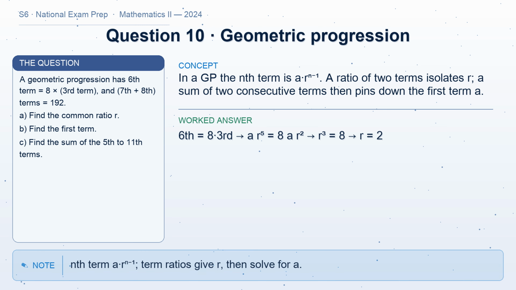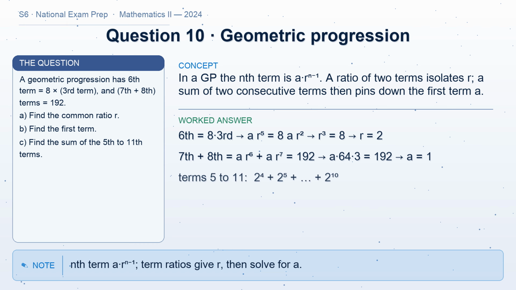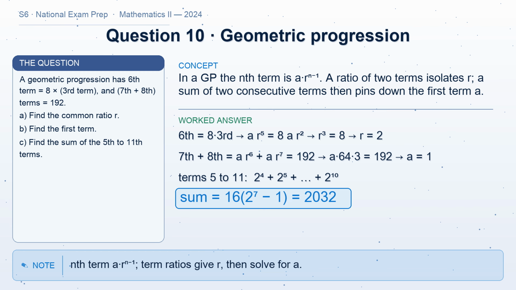For part B, the seventh plus eighth is a r to the 6 plus a r to the 7, which is a times 64 times 3 equals 192, so a is 1. For part C, with first term 1 and ratio 2, the 5th to 11th terms are 2 to the 4 up to 2 to the 10. That geometric sum is 16 times (2 to the 7 minus 1), which is 2032.